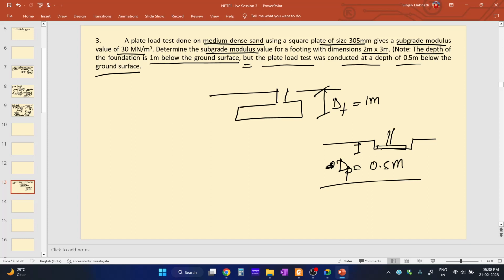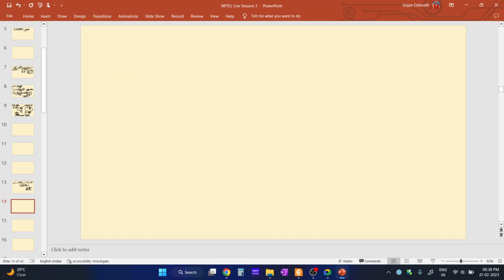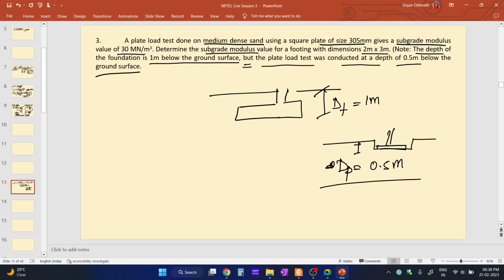So how will we solve this question? In this case, we will do what we did in the previous case. We will find the subgrade modulus for a square footing, that is, we'll incorporate the size effect.